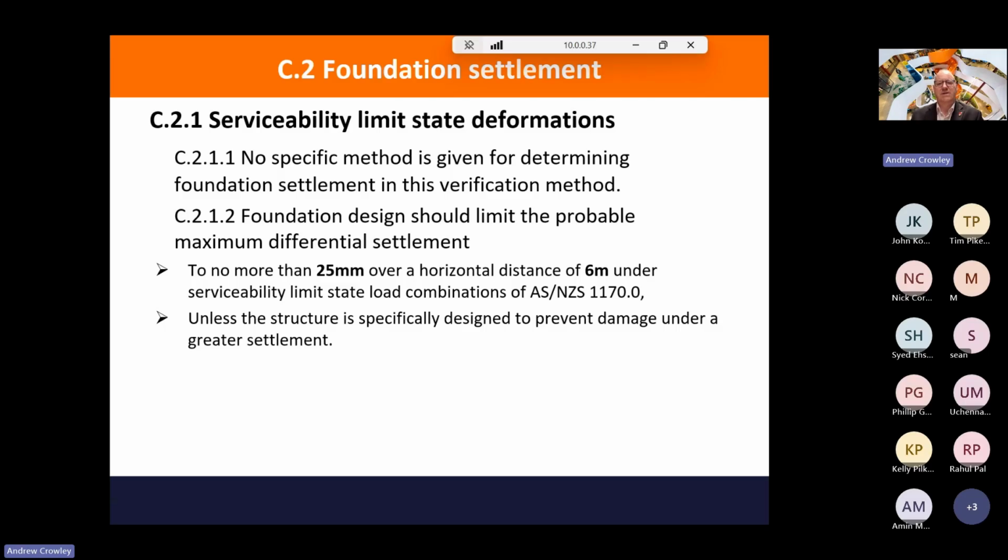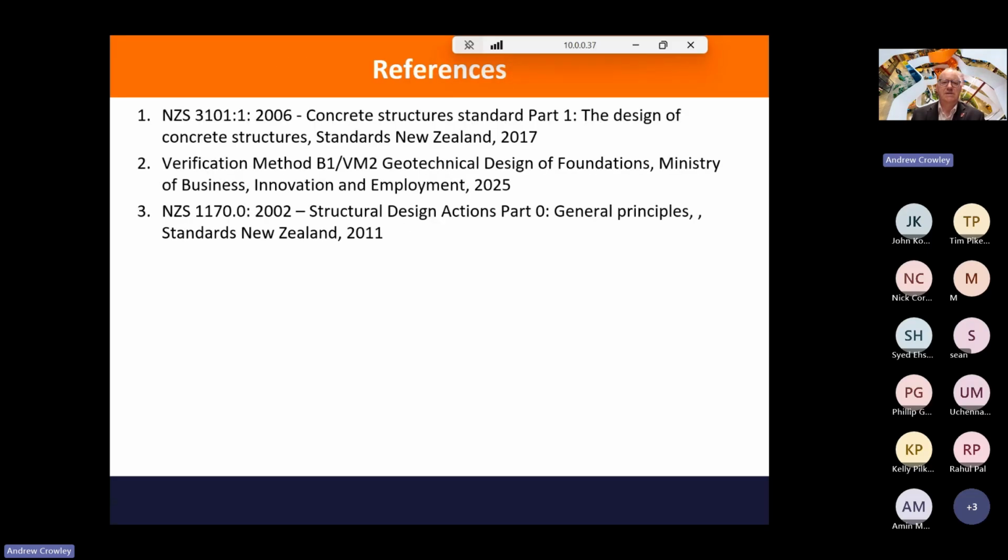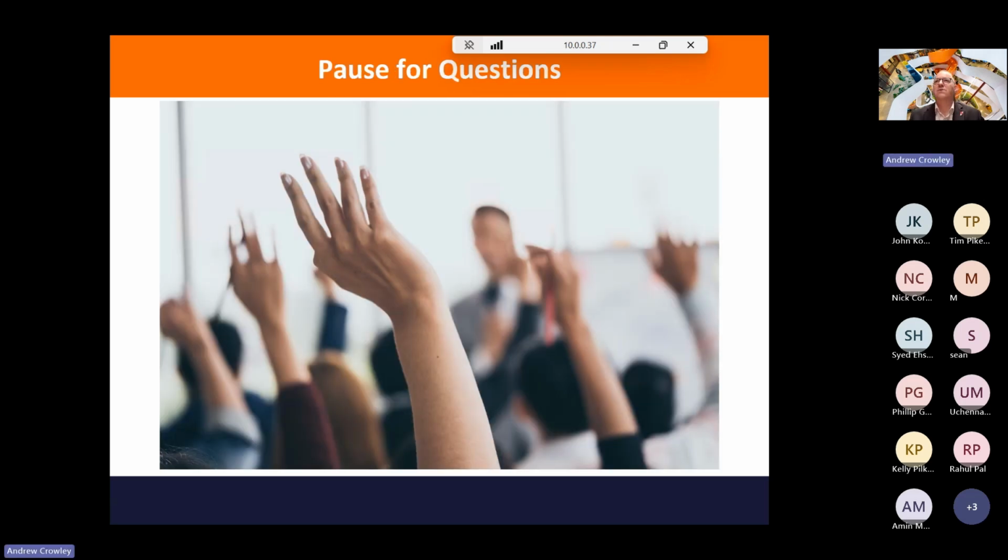Or you need to design your structure so that it doesn't get damaged when your excess deformation exceeds 25 millimeters on that 6 meters. So finally, the references, and we'll pause for questions.